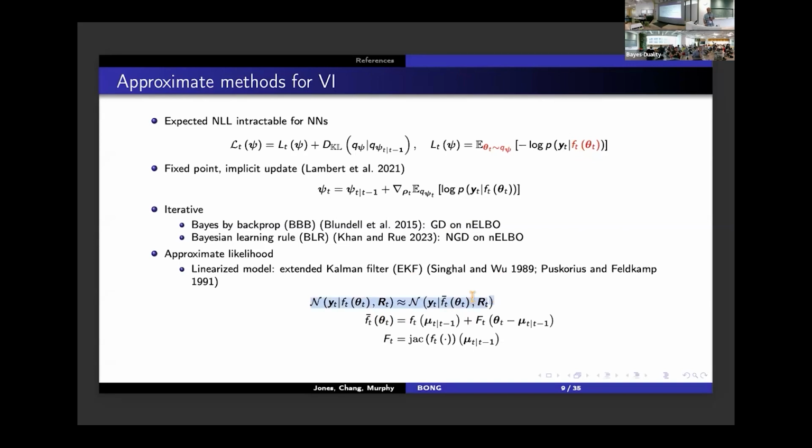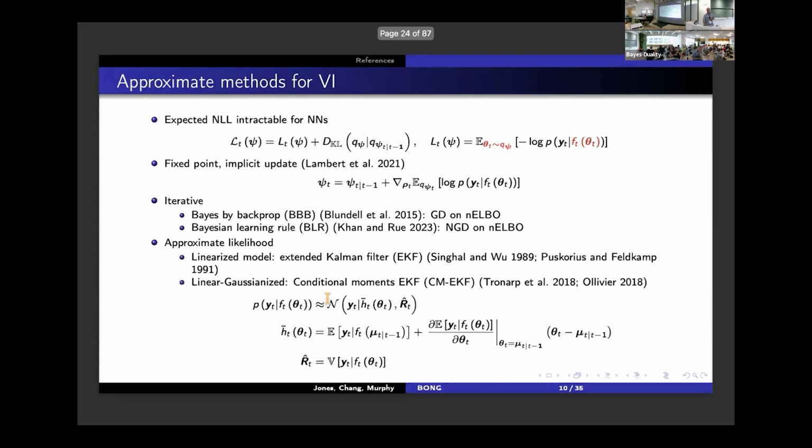Okay? So this thing on the right-hand side, once you approximate the likelihood in this way, you get an exact closed form update. In cases where your likelihood's not even Gaussian to begin with, where you have just some general likelihood, you can do the same thing, where you again approximate with a Gaussian, where the mean of the Gaussian is just the expectation of y given the output of your model, linearized.